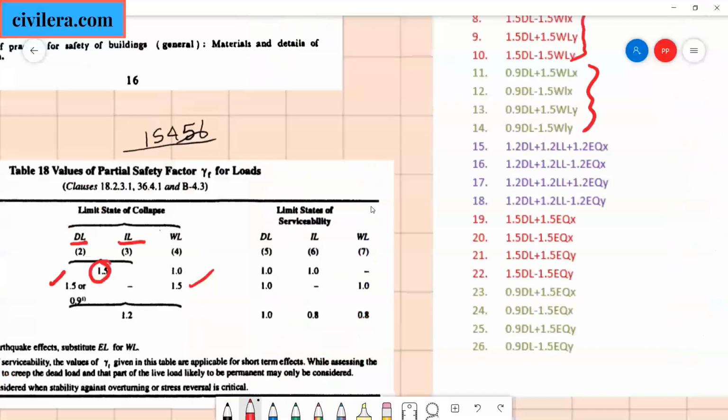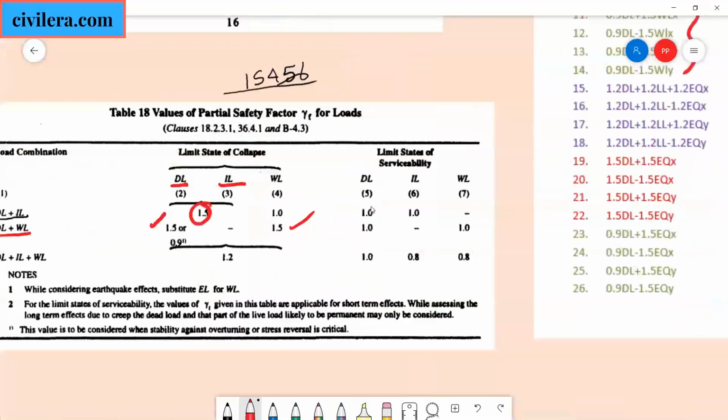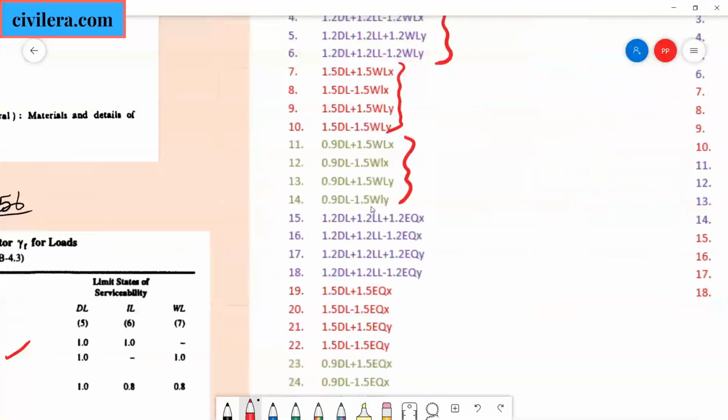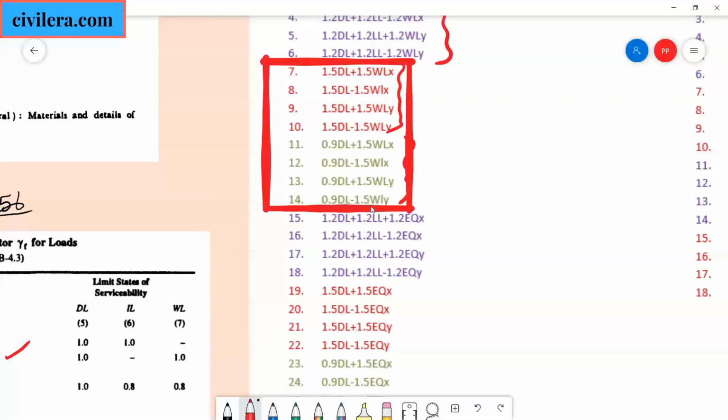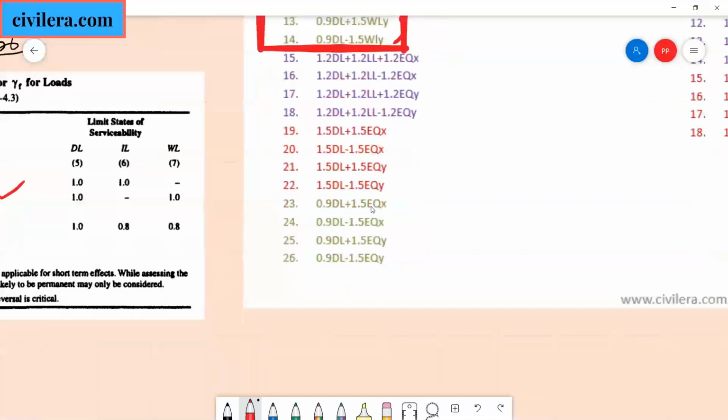Here it is mentioned 0.9 or 1.5. So our focus today is basically on this. I will come back to that. Now again, wind is replaced by earthquake. Here also you have earthquake. So you will end up with 26 factored load combinations.